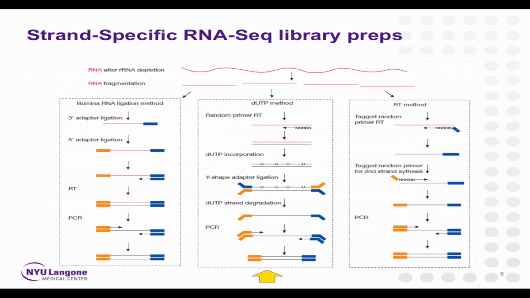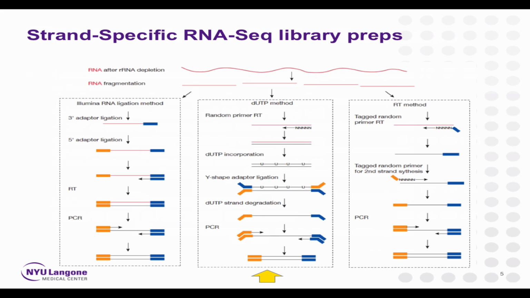But if you work with C. elegans, Drosophila, or bacteria, this is critical because there's a lot of overlaps, and if you don't know from which strand the transcript is coming from, then you're going to confuse one transcript with the other and you won't be able to quantify. And there are methods bioinformatically to do the analysis strand-specific versus non-strand-specific.